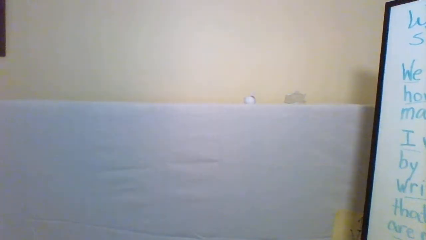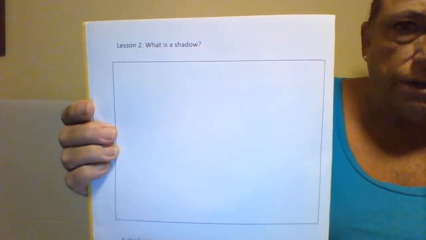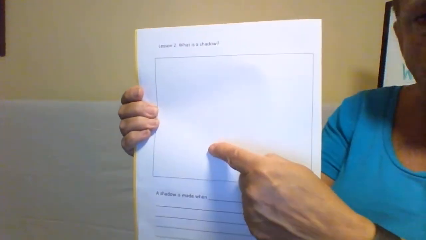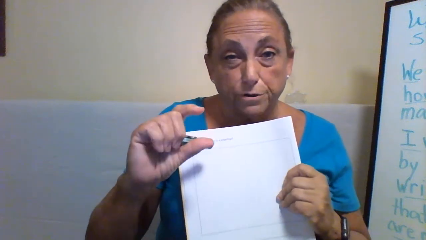So we are going to turn to page 2 of your notebook, and I want you to draw something. Like, you could draw the pen if you wanted to. It's not very exciting. You could draw a pen, and then you could draw the shadow it makes. In school, when we have all of our little Lego people, that's what I like to do.